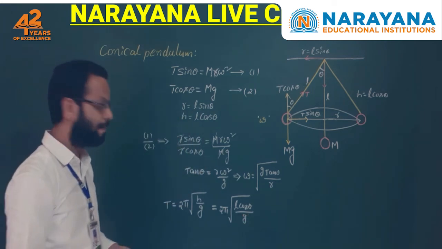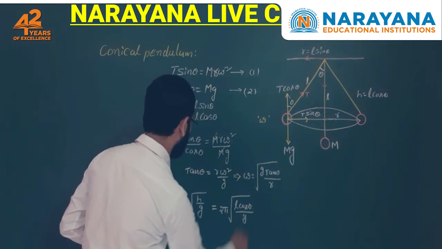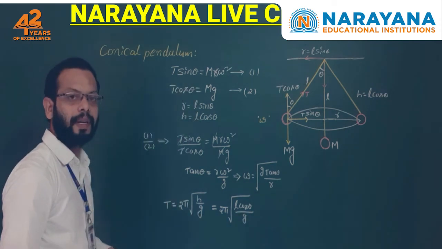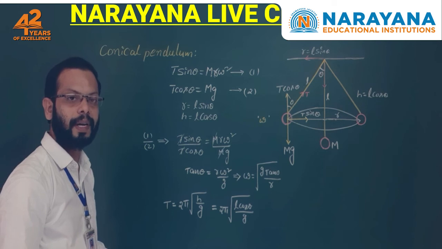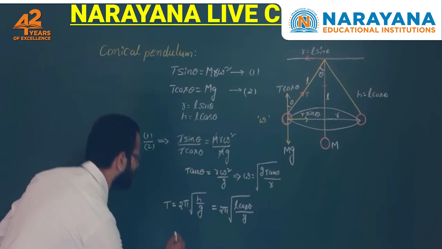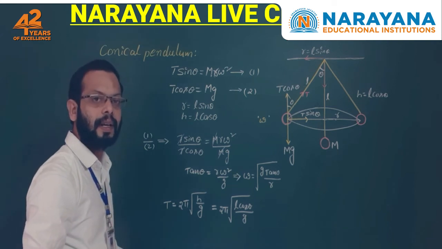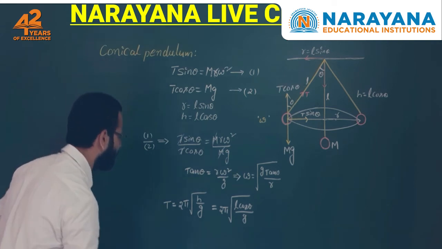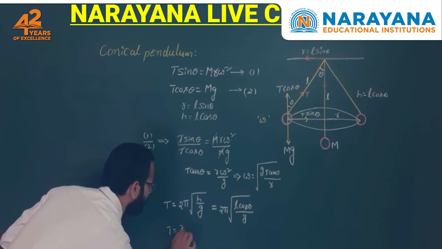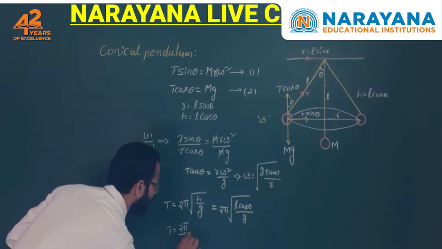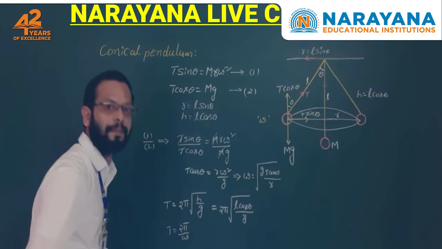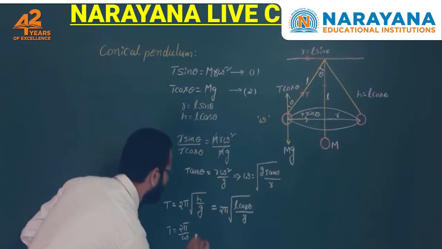or we know that the value of omega is 2 pi by T. So from this, if omega is equal to 2 pi by T, then we can write T is equal to 2 pi by omega.